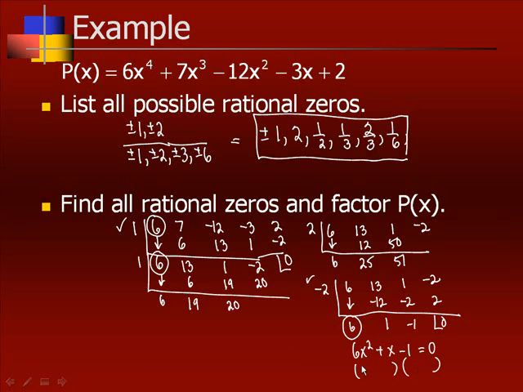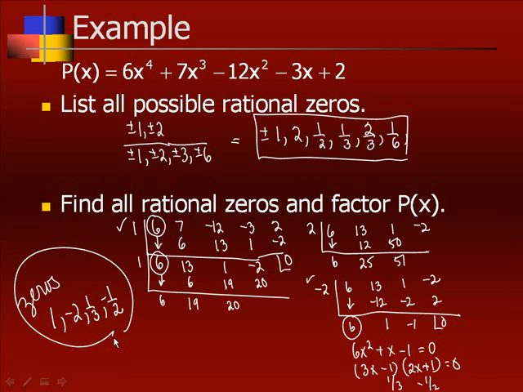Well, that factors to 3x minus 1 and 2x plus 1, that'd give us a positive 3 and a -2. So that says that this factor would be 1/3, and this factor would be -1/2. So our zeros would be 1, -2, 1/3, and -1/2.